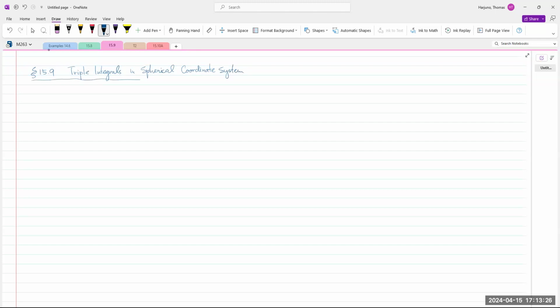This one is a bit harder to explain because of the following. Maybe we go back a little bit, recall the way we set up double integrals in polar. At that time, we have this case, like the rectangle.